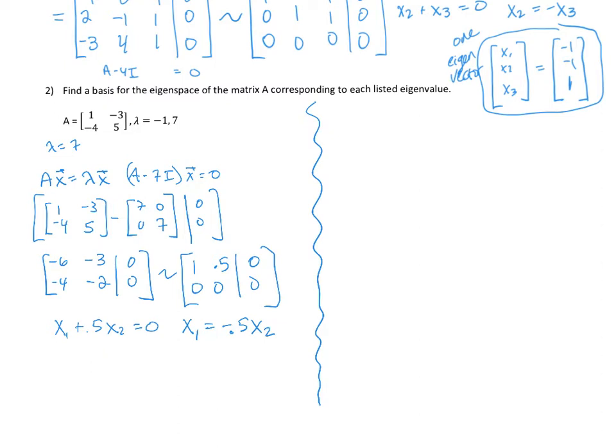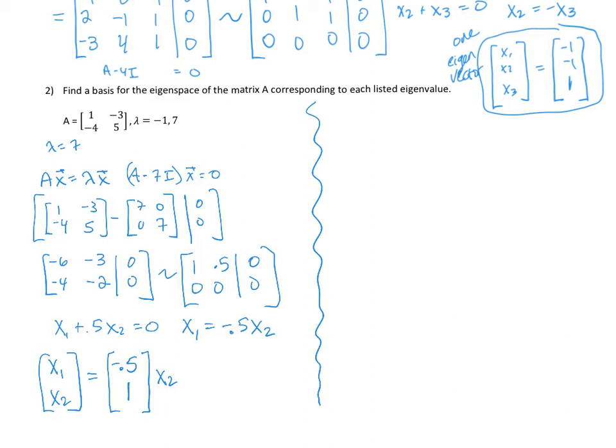So my eigenspace is all the vectors x1, x2, such that, I'm going to put it in parametric vector form. x2 is my free variable. x1 is -0.5 x2, and x2 is free.